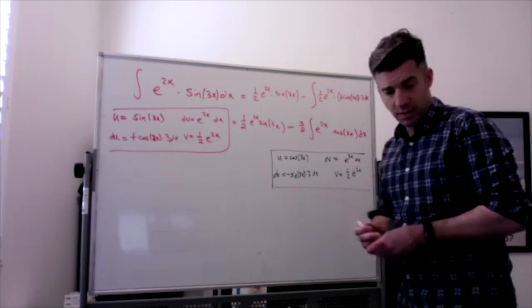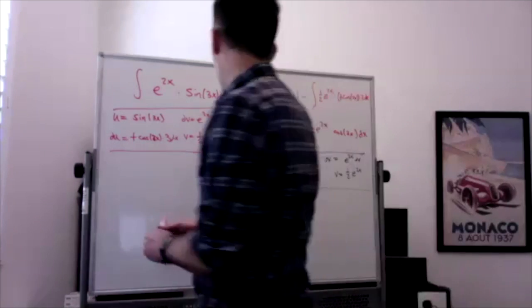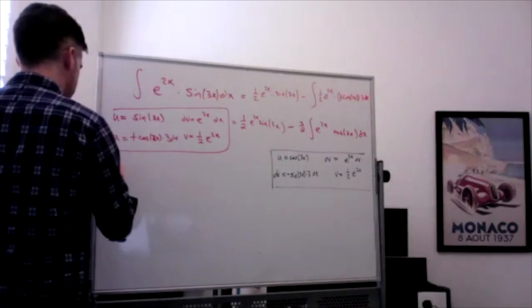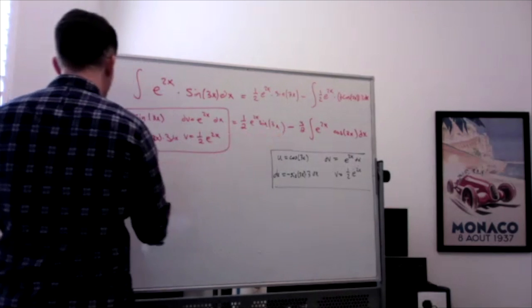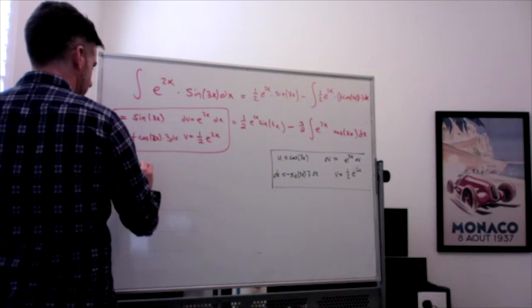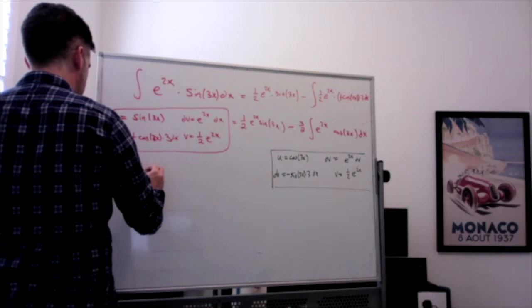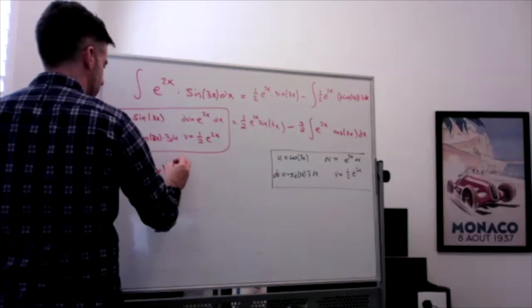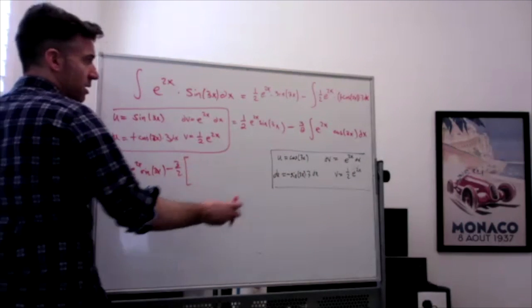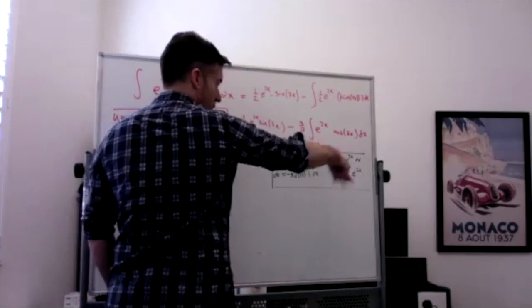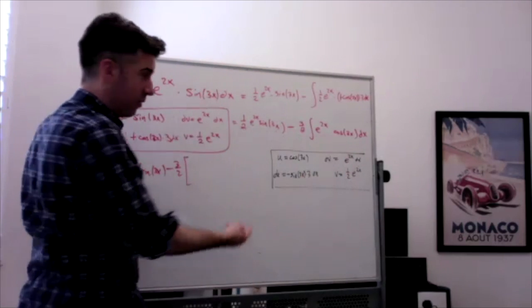Okay. So now we've got that this is equal to, still this part, 1/2 e to the 2x times sine of 3x minus 3/2 times the integral of this, which is going to be the uv minus the integral of v du for whatever I've got here.